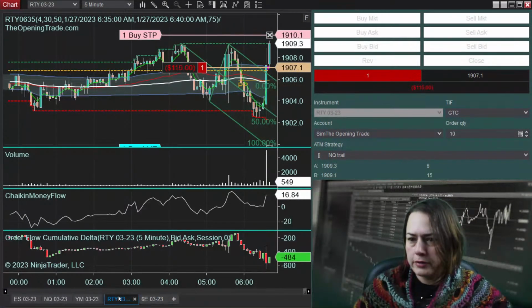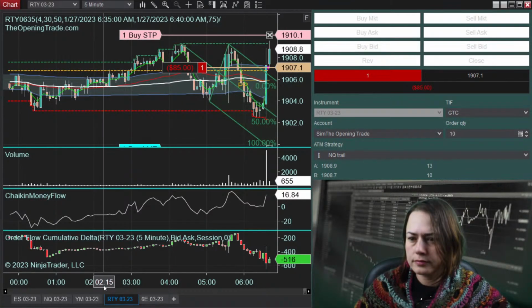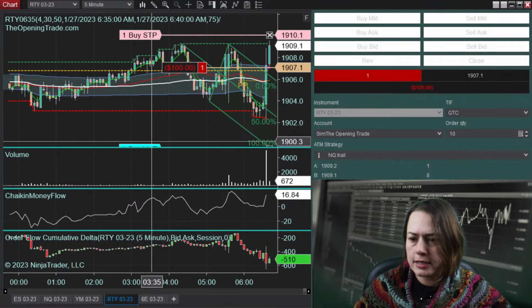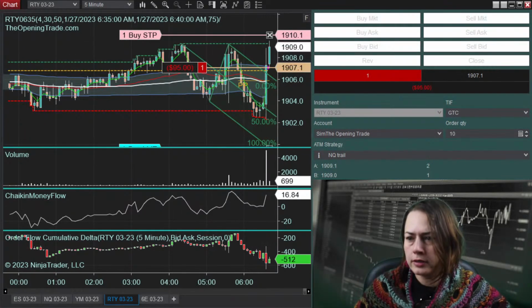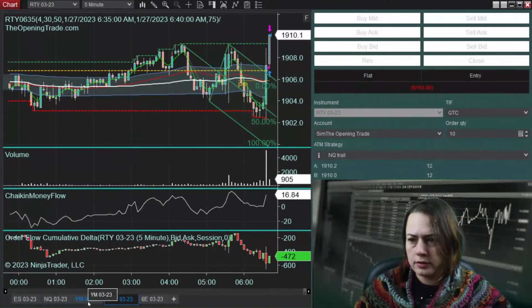Oh, it's bouncing pretty close. We'll see here. You can see the range is from this blue bar to the pink bar. We want it to go to the blue bar. Order filled.